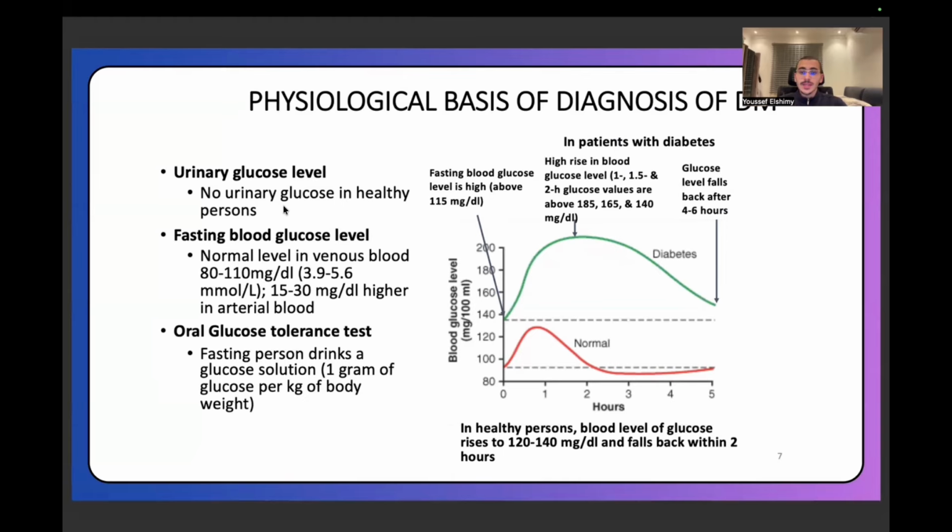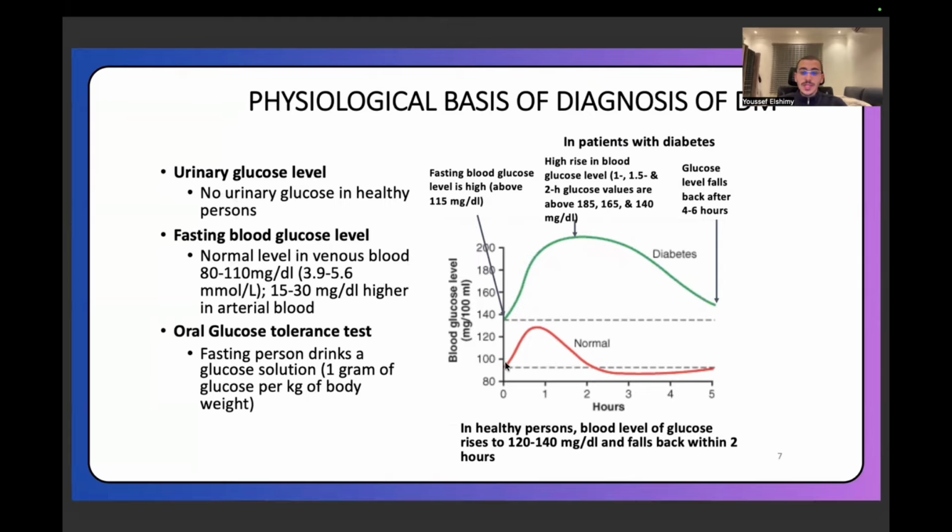They have limited capacity, so they cannot reabsorb all glucose. So patients with diabetes mellitus would still have glucose in the urine. This is something to note. And in normal people, the normal blood glucose levels are kept between 80 to 100, 110.